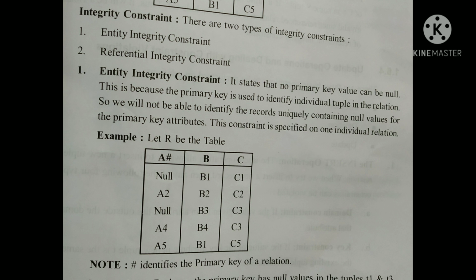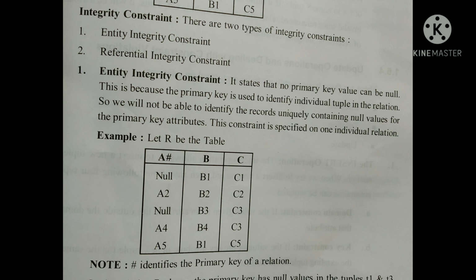For example, consider a table with three columns: A, B, and C. If A is the key attribute in the relation, then A1, A2, and A3 have different values and must be unique.